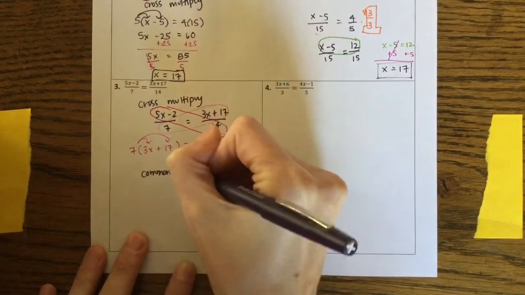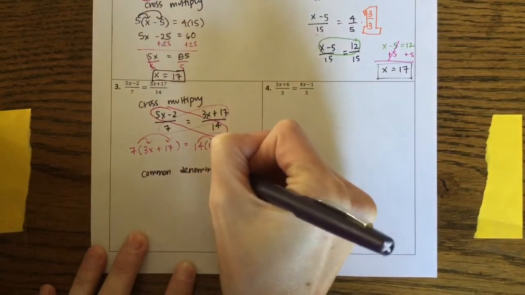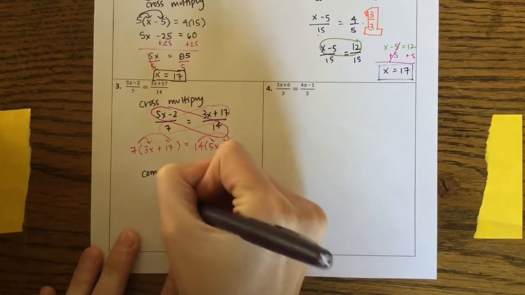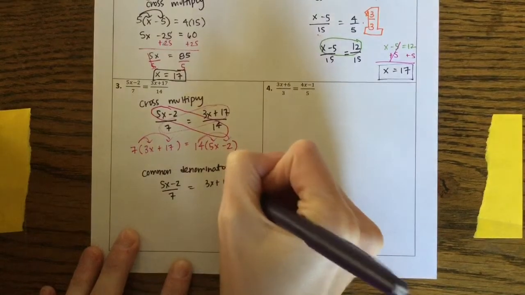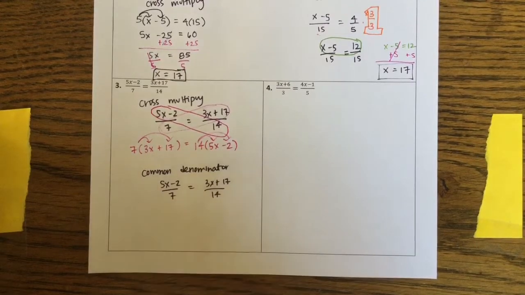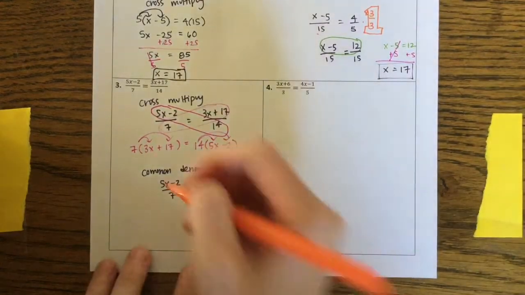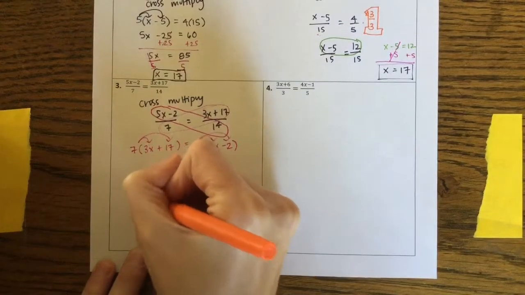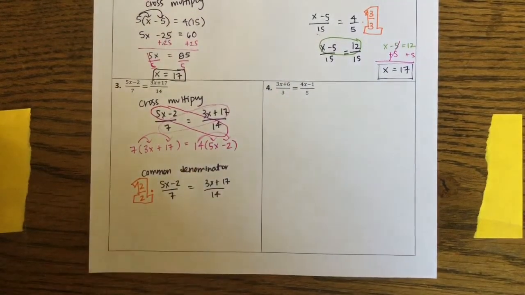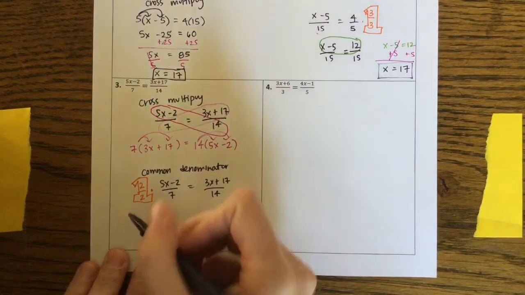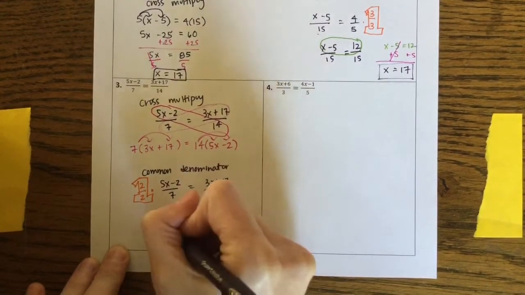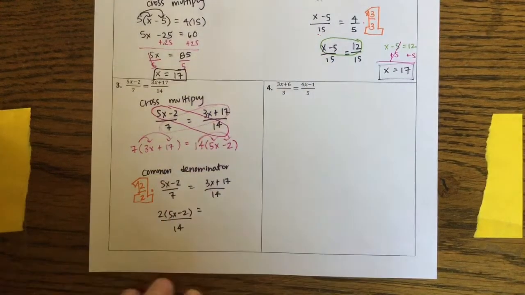So in the original problem, do you see an easy way to get a common denominator? Maybe if both denominators were 14, that would make this problem easier. So if we multiply this fraction by 2 over 2, again, this convenient form of 1, we'd have 2 times (5x minus 2), and don't forget the over 14.